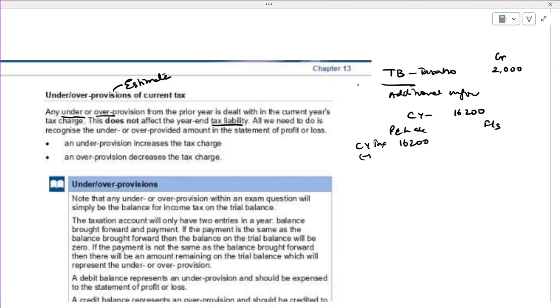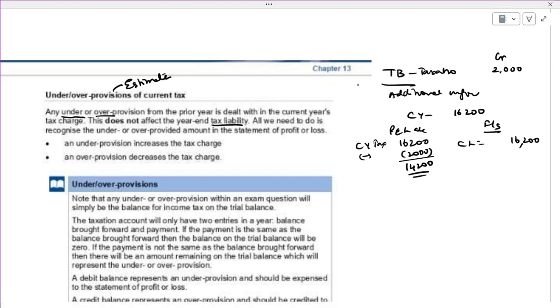Already there is a credit balance, so there is an over provision. From the profit and loss account, we are showing 14,200, whereas in the financial statements, in the current liabilities, we are going to show 16,200.